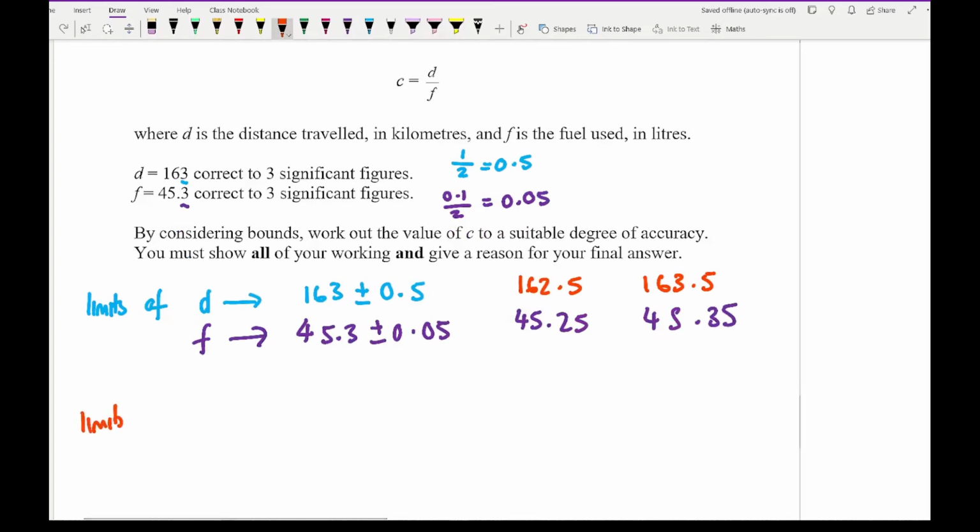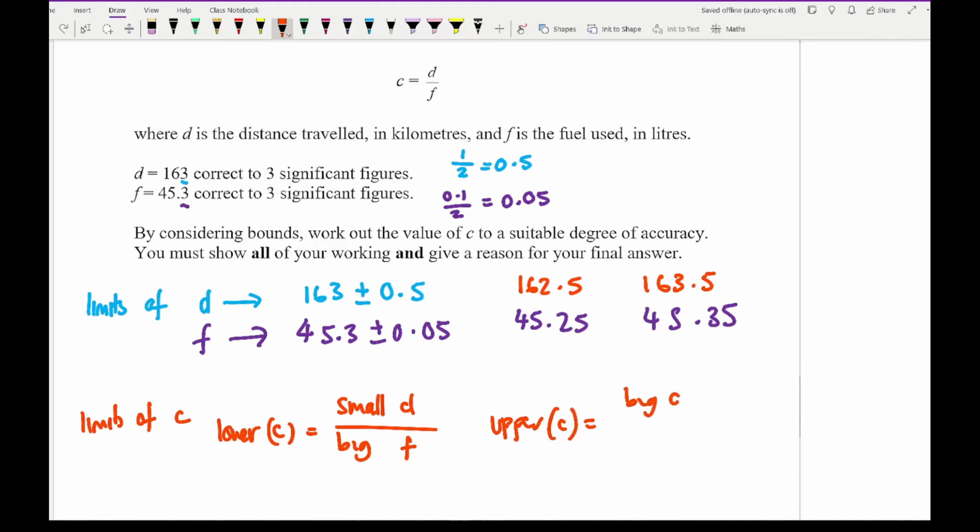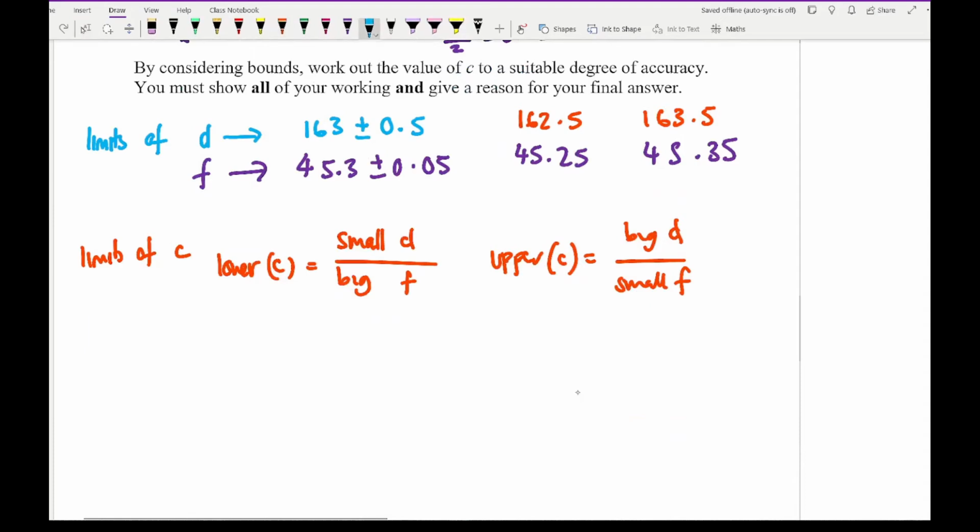Now, using these values and knowing that I've got my fraction, so working with C, to work out the limits of C, to get the smallest fraction or the lowest of C, what I need is the smallest D value over the biggest F value. And for the upper value of C, I need the biggest value of D over the small value of F. So what I'm then going to do is use these numbers here.